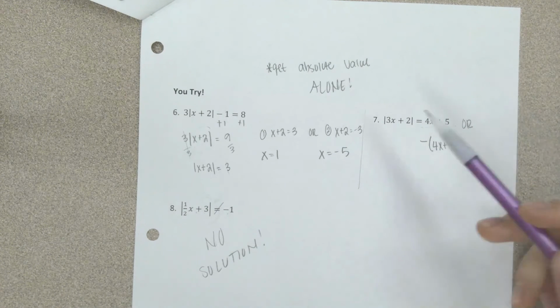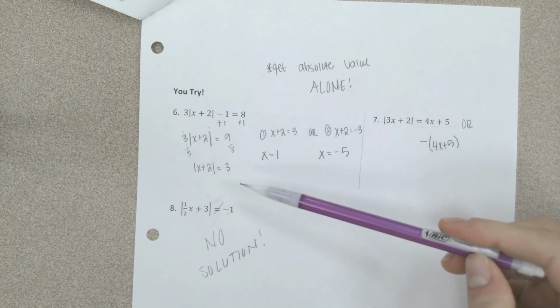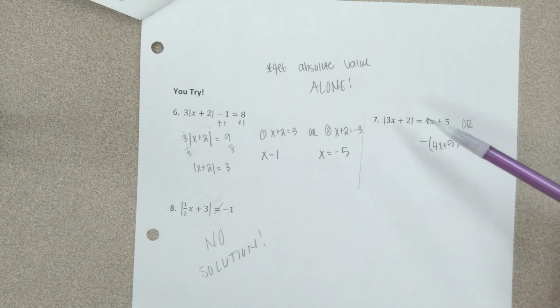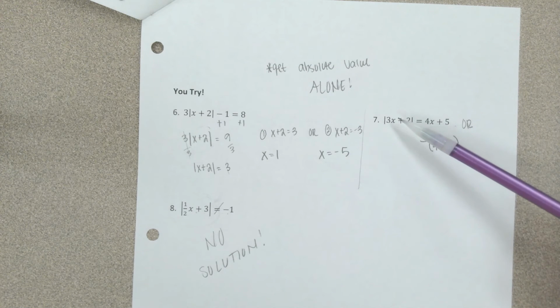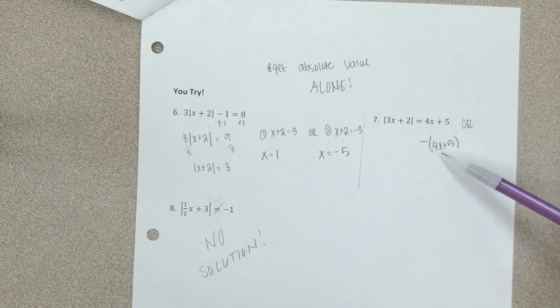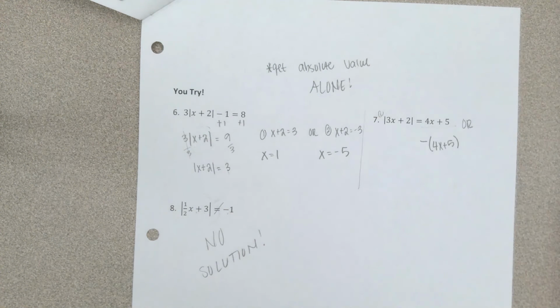Okay? Just like here, when this got down here and equaled 3, positive 3 or negative 3, this whole absolute value can either equal this positive or negative, okay? So let's stick with the positive version first.